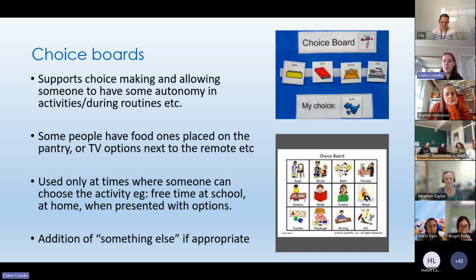It's not that they don't know how to use it, it's that they only want to do their activity. So there's groups of people who, if what they want is not there, won't use it. So really it's choice making, because not all their requests will necessarily be there. So that's another reason why "something else" can be helpful too.